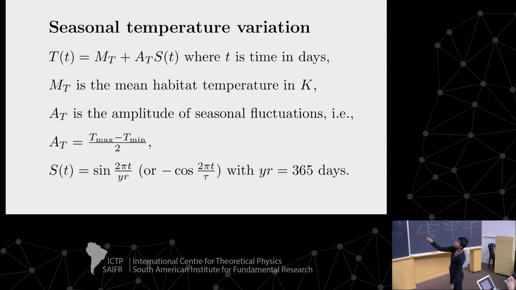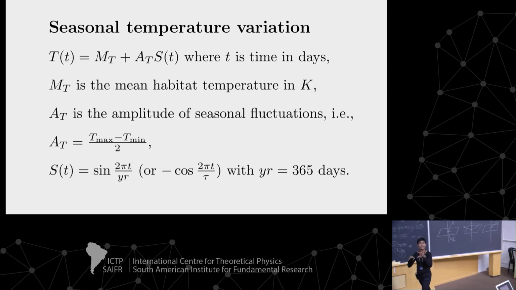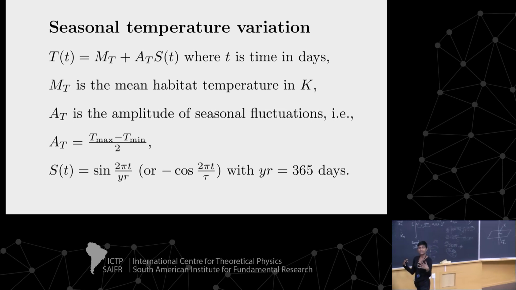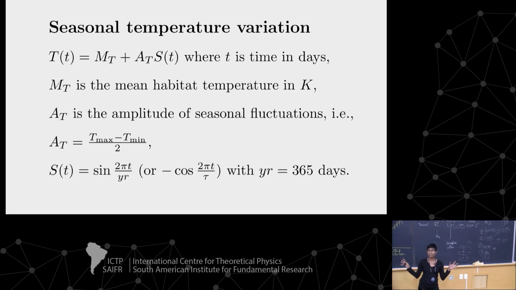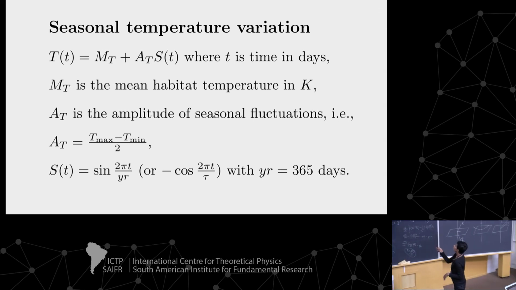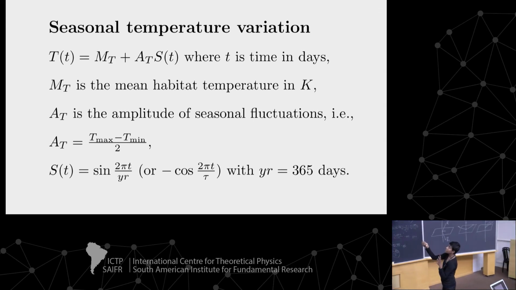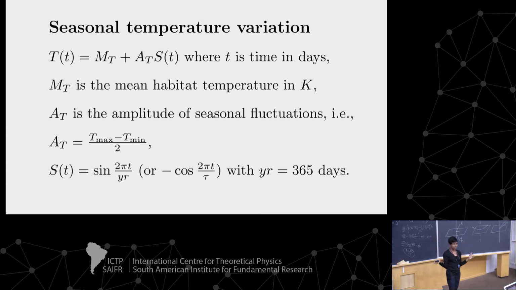And if you're interested in something like seasonality, then you have this sort of function where MT is the mean temperature, AT is the amplitude, and we always do everything in Kelvin, because all those biochemical functions that define the trait responses are all framed in terms of thermodynamical quantities, okay? AT is the amplitude of seasonal fluctuations. So this is for seasonal fluctuations where I am using a typical sinusoidal function.